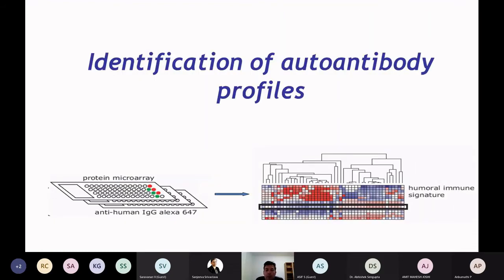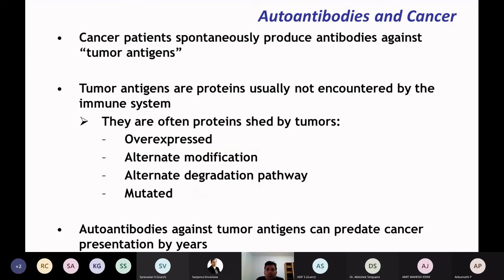But the main application of protein microarrays has been the identification of autoantibody profiles, mainly in cancer, because cancer patients spontaneously produce autoantibodies against tumor antigens. These are proteins that are usually not encountered by the immune system, because they are usually overexpressed, suffer alternate modifications, for example alternate glycosylations, or are continuously degraded, overactivated or mutated.